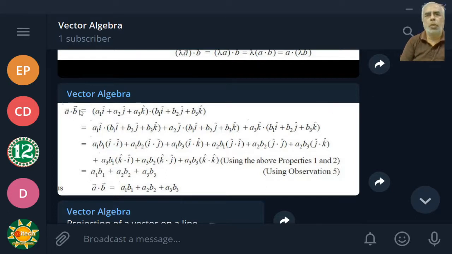We already know you have to apply the formula. i cap dot i cap is equal to 1. But i cap dot j cap is equal to 0. So wherever the similar unit vectors are multiplied, it becomes 1, and dissimilar, it becomes 0. So likewise, you can proceed, and ultimately you are able to get this equation a1 b1 plus a2 b2. You slowly work out, then you can understand. So a1 b1 plus a2 b2 plus a3 b3.